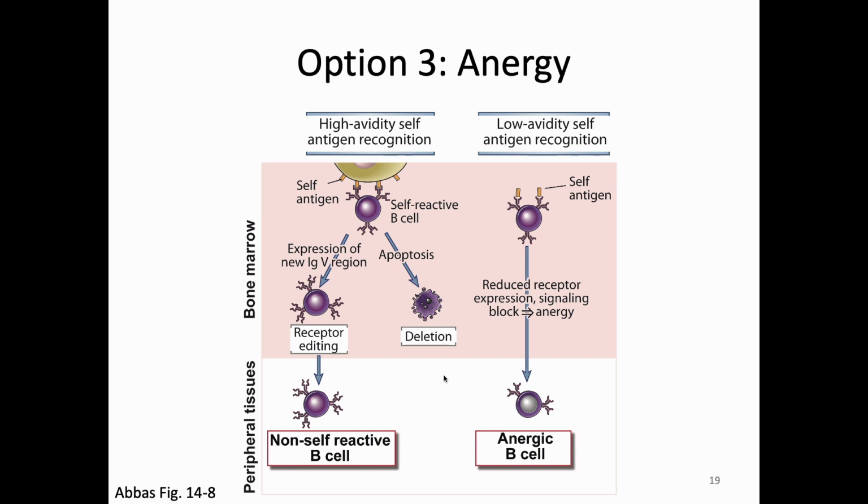So if we look at our 3 options here, we can pretend there were 3 cells. This is only showing us 2 cells. We can pretend there is a cell that did deletion, and a cell that did receptor editing, so pretend there's 2 cells there, and a cell that went for anergy.